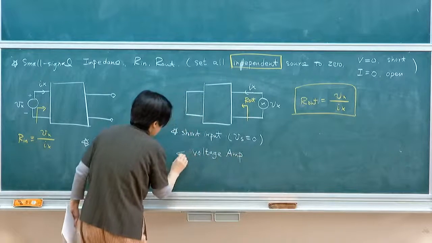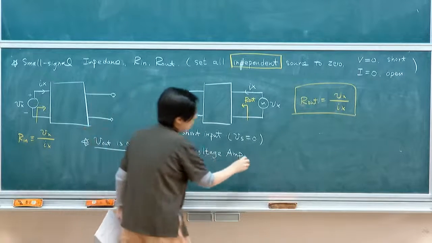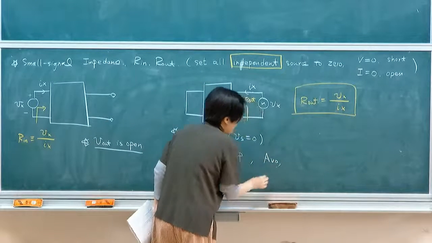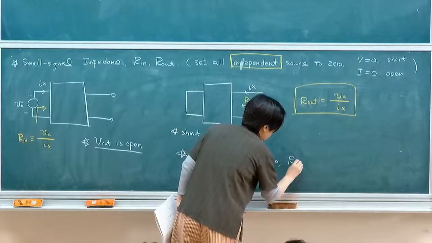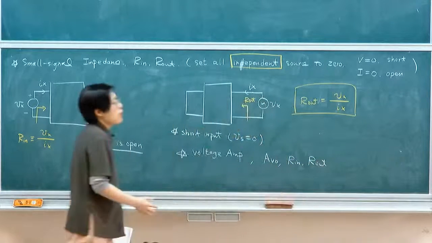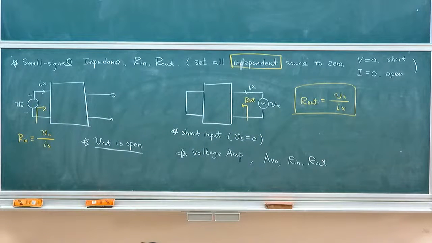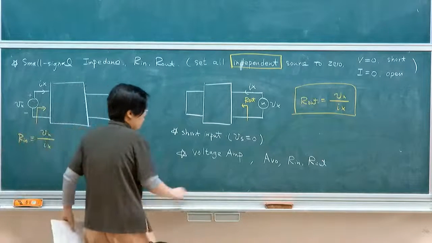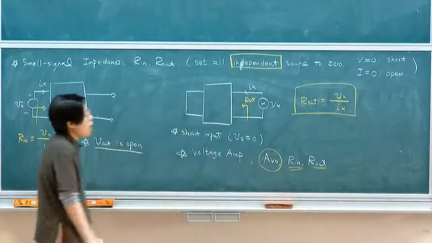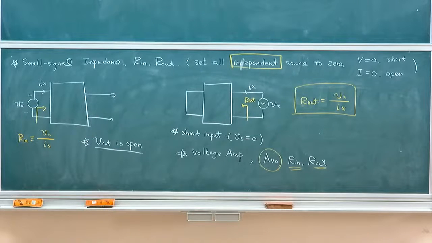At least in chapter 5, you need to deliver three key parameters: Avo, how much voltage gain, and the input and output resistances. That tells us how well it interacts with input and output signals. So this is for interfacing, and this is internally how well the amplifier delivers its amplification factor.